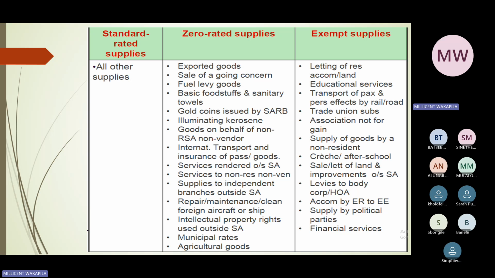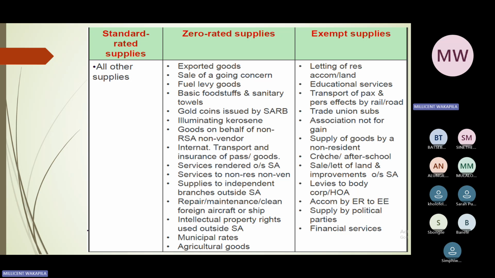So you can get a question that says someone exported goods maybe to Zambia, or someone is a hairdresser, and that's a service, right? When you are plaiting people's hair, and now you decide to plait people's hair that are maybe in China, can you realize that that's an export of a service? So that service is zero rated, because it falls under the zero rated supplies.